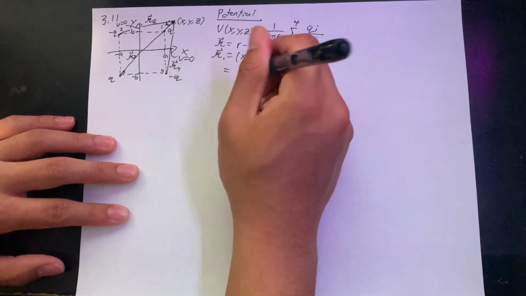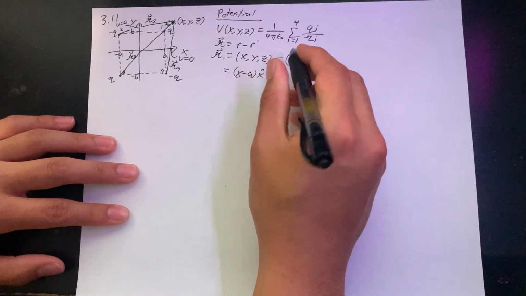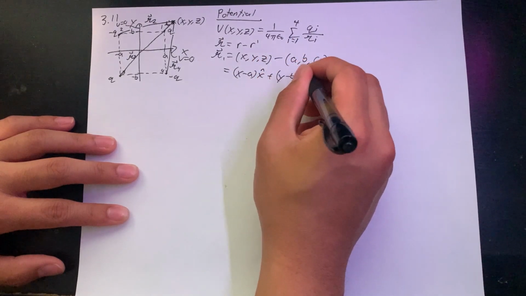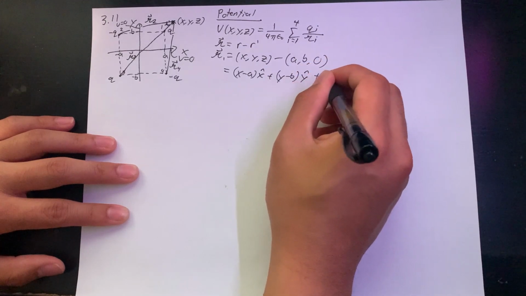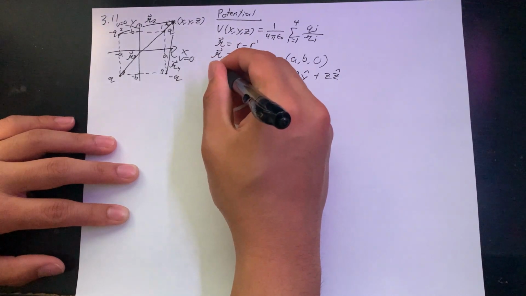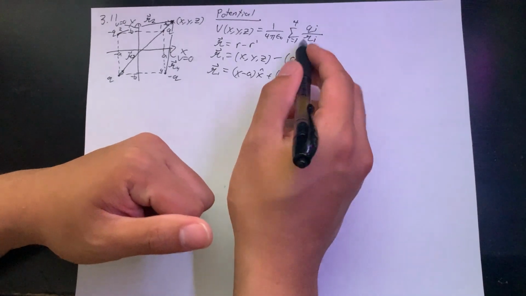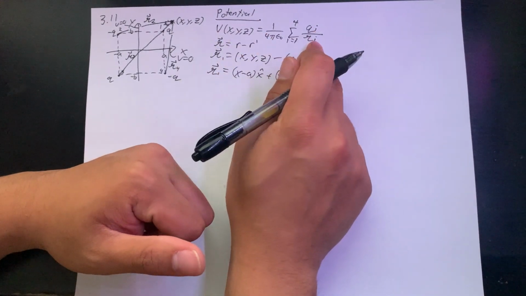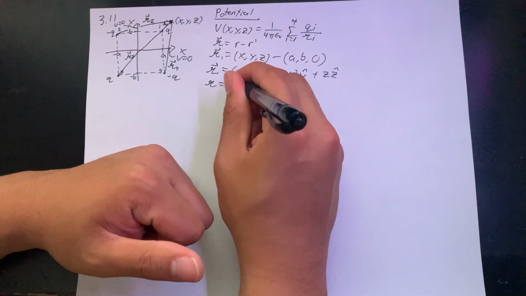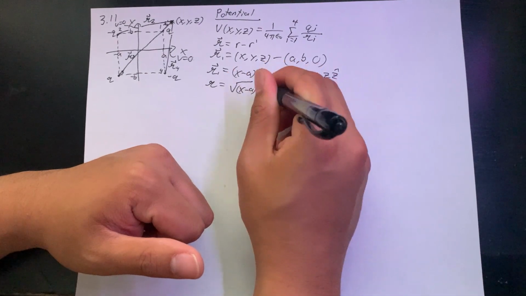That means we're going to have x minus a in our x-hat direction plus y minus b in our y-hat direction plus z in the z-hat direction. Okay, that is our first separation vector, and then we need to get our magnitudes since the potential depends on the magnitude of the separation. So this is going to be the square root of all these terms squared.